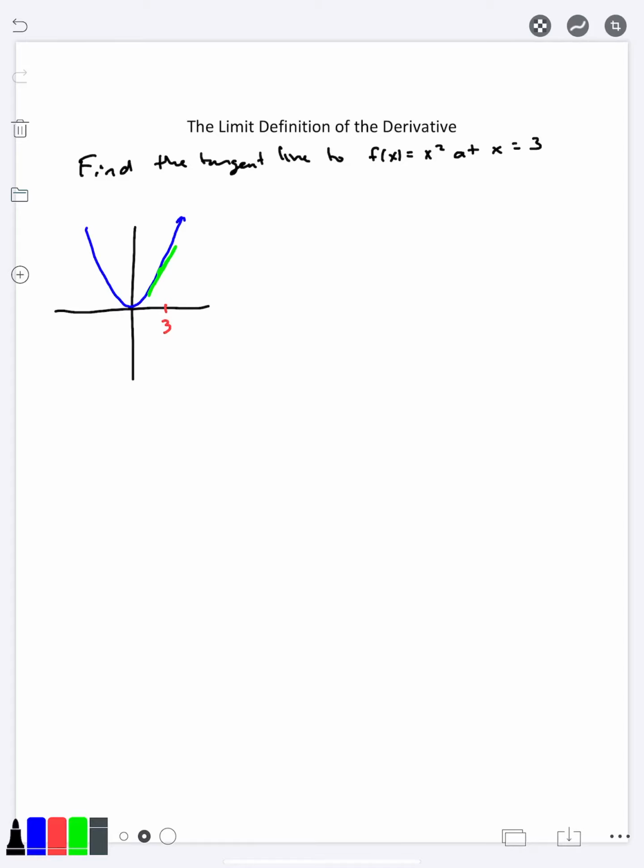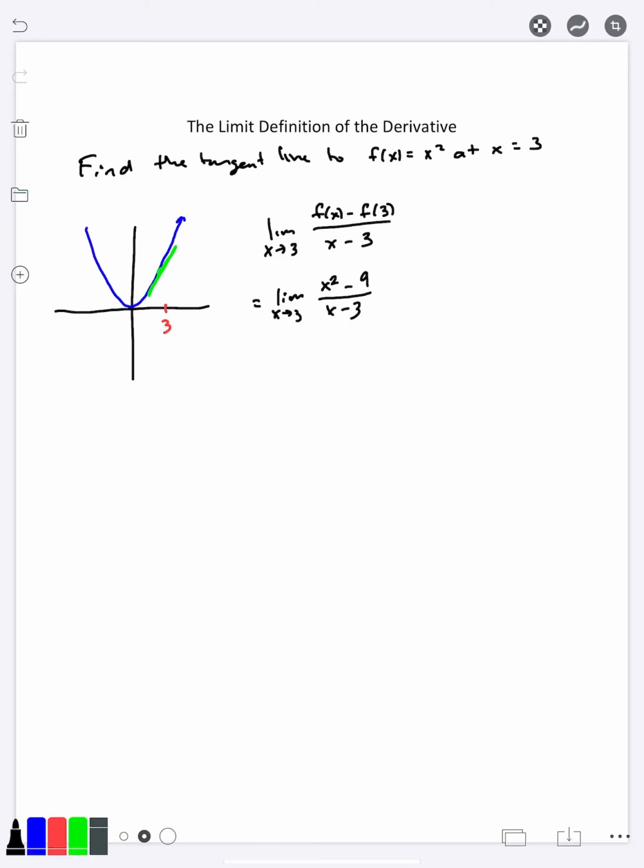Okay, so we have this formula here, the limit as x goes to, in this case, 3, of f of x minus f of 3 over x minus 3. And the function here is x squared. And if you plug in 3, you're going to get 9. And this is our limit here that we're going to use to find the slope.